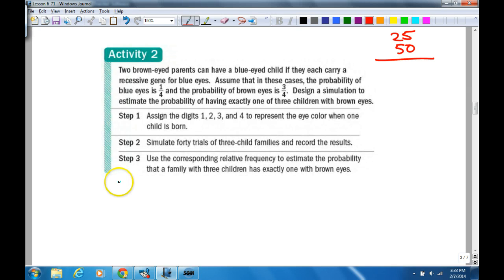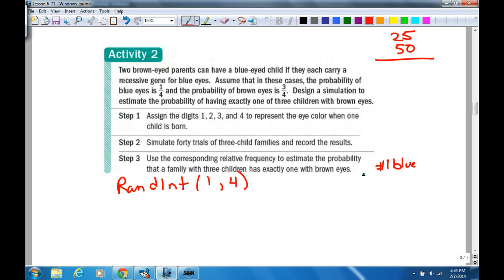So what you're going to want to use is a random generator again, and I'm going to use the numbers 1 through 4, where the number 1 is going to be a blue eye, and the rest of them will be brown eyes.